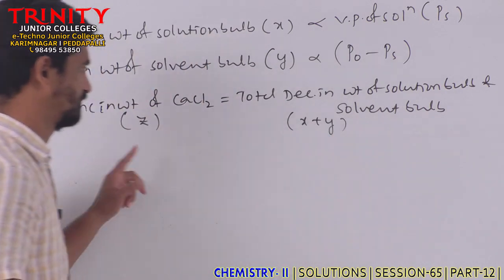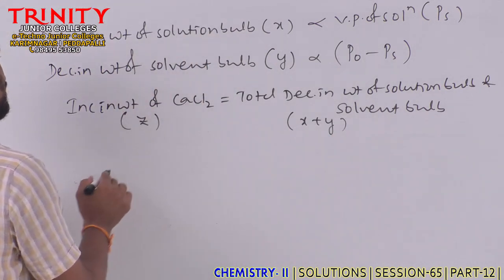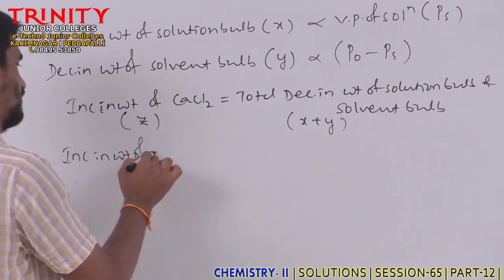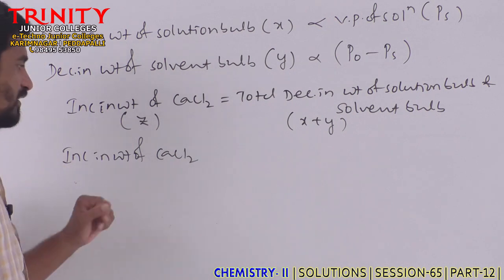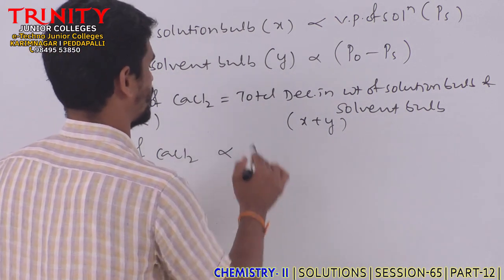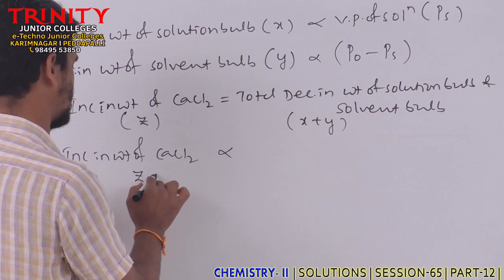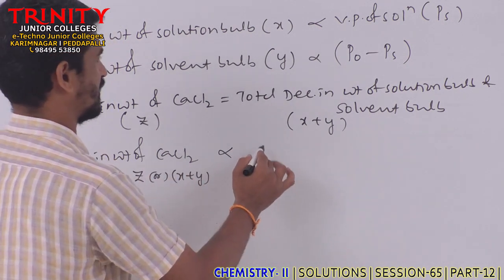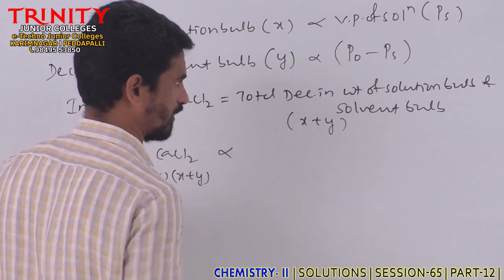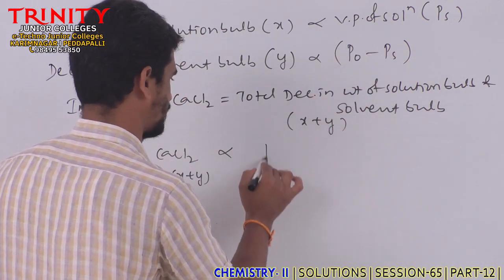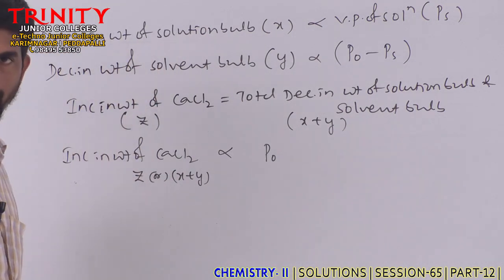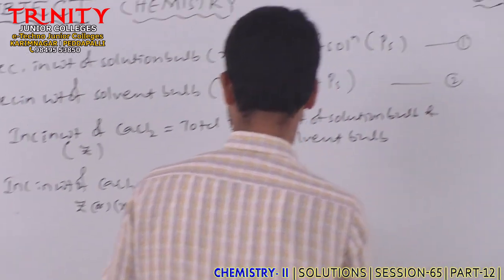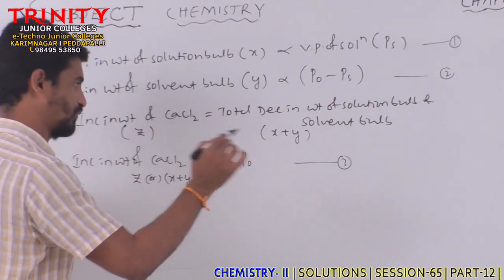X plus Y. Now the increase in weight of anhydrous calcium chloride is directly proportional to what, sir? This is nothing but Z, or X plus Y, is directly proportional to Ps plus P naught minus Ps, that is nothing but P naught.